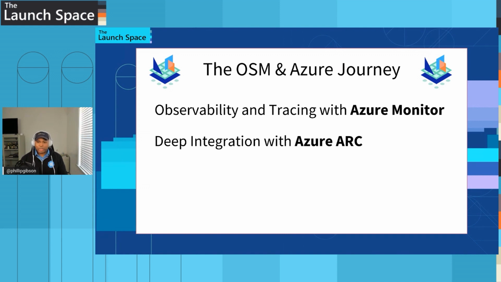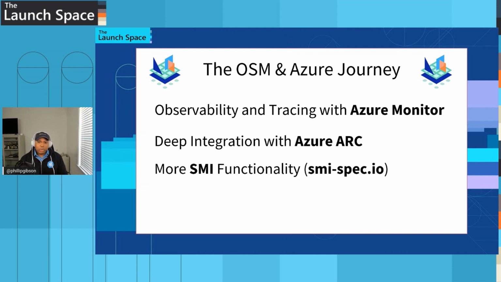I'm not going to steal those teams' thunder, so please be on the lookout for some future announcements from those two teams in the near future. Next, we're looking to do more SMI functionality. Again, OSM is really about taking the rocket science out of managing and operating a service mesh. So we're looking to expand the SMI spec, not only to enhance OSM, but also to enhance all the other service meshes that are adhering to the service mesh specification.